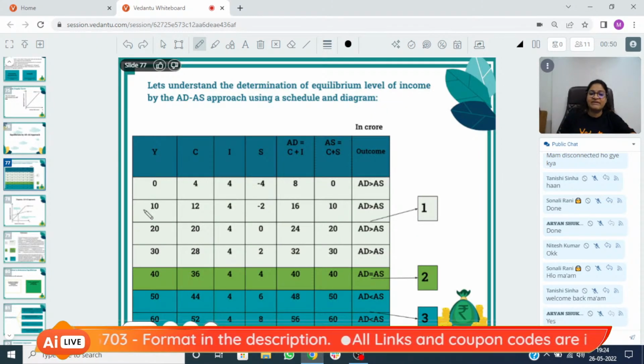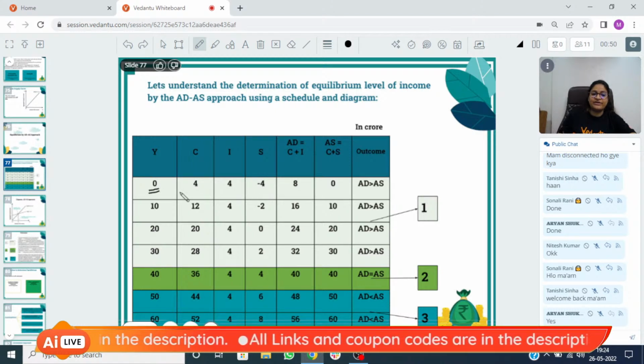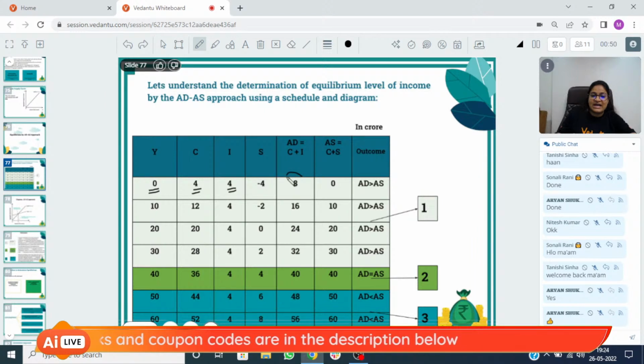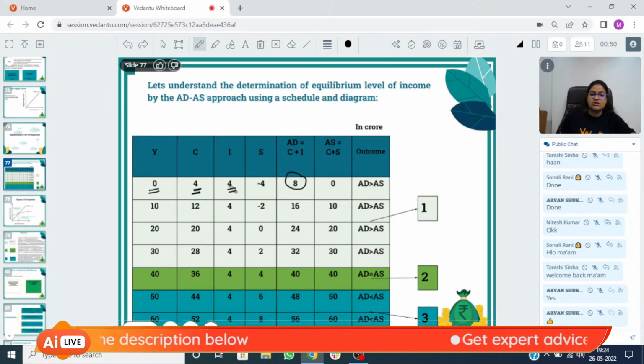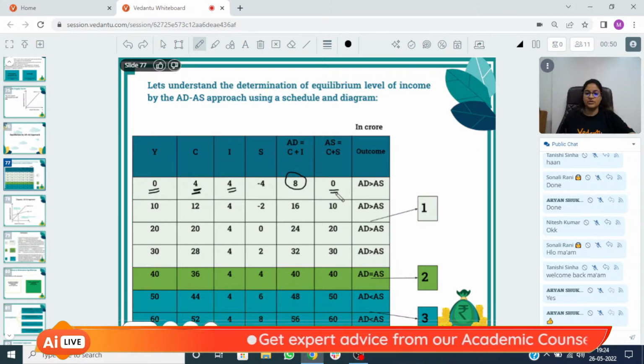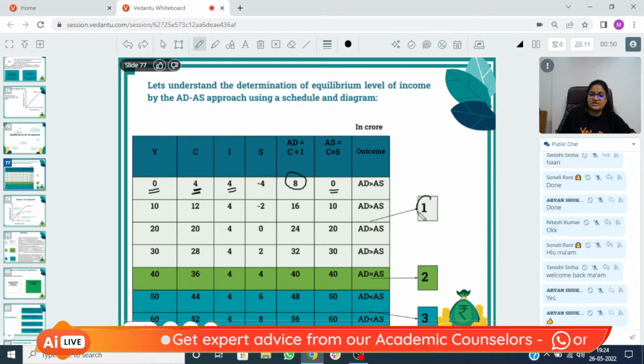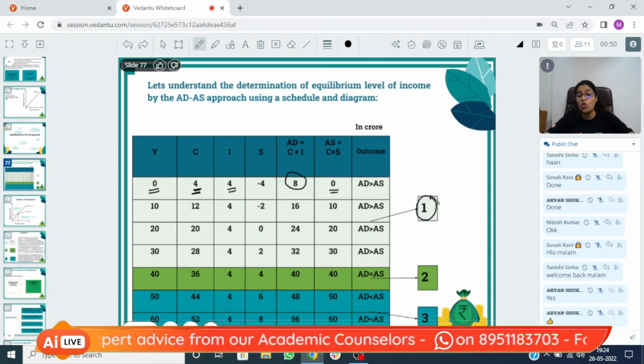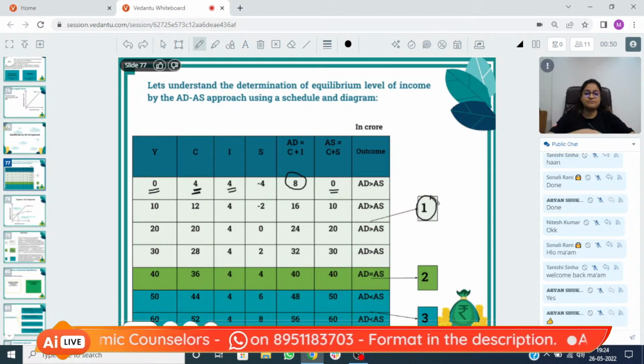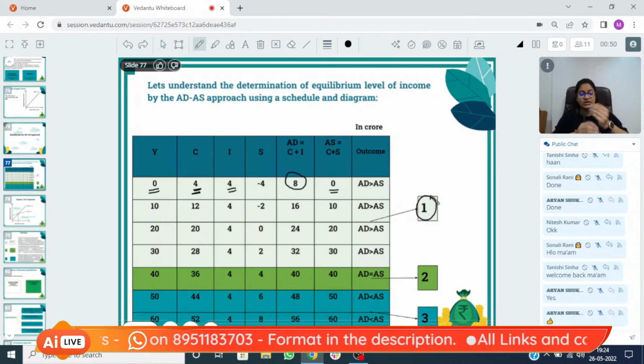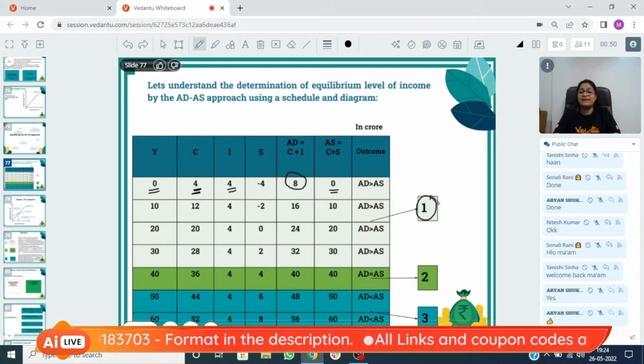Initially, at zero level of income, consumption is 4 and investment is 4, which makes aggregate demand 8. Consumption is 4, savings is -4, which makes aggregate supply 0. So in the first phase, if you observe, aggregate demand is more than aggregate supply. Correct? People are planning to buy more, sellers are planning to supply less.